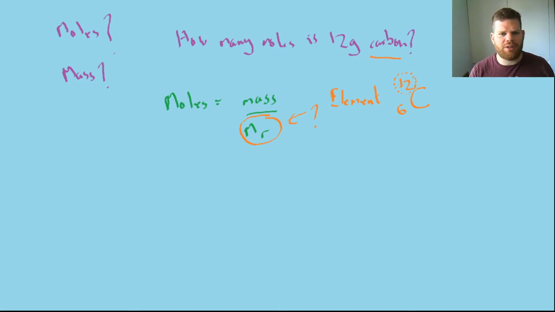So let's go back to our question, and how we go about working through it. So we've got moles equals mass over Mr. Our question is, how many moles is in 12 grams of carbon? So my moles is going to equal 12, which is the mass of carbon that we have in the question, and 12 is our Mr. So we've got 12 divided by 12, which equals 1 mole.